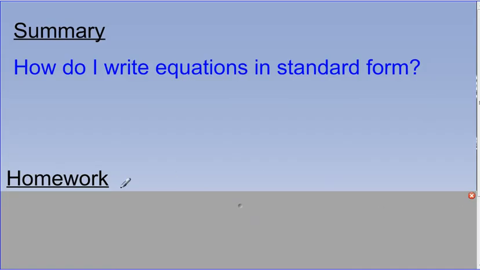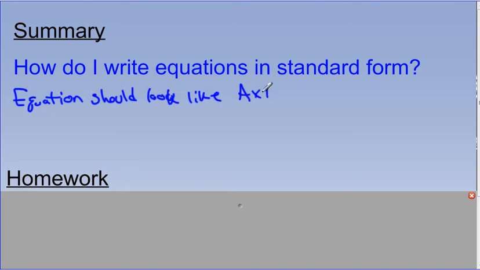So hopefully what you said is you need to have the equation look like ax plus by equals c. And if you don't have it as ax plus by equals c, it's not standard form. The way we did it in our examples earlier is we wrote it in point slope form first, then changed it into standard form.